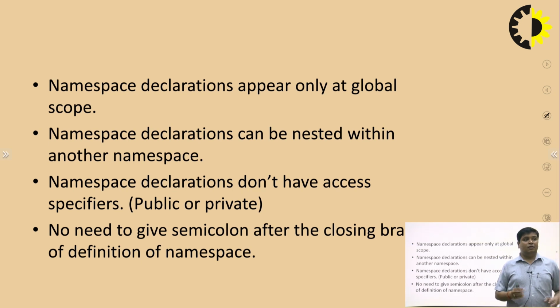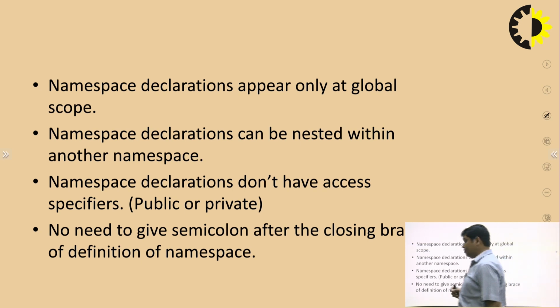Second thing, a namespace declaration appears only at global scope. It means you cannot create a namespace in any local environment. You have to create a namespace always in the global environment. Next is, namespace declarations can be nested, just like a for loop, just like a conditional statement. A namespace can be nested within another namespace.